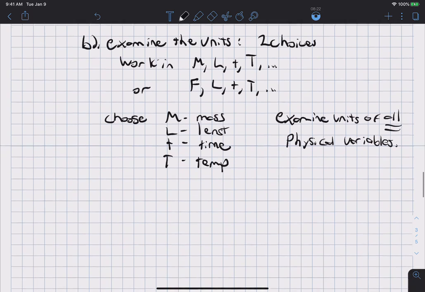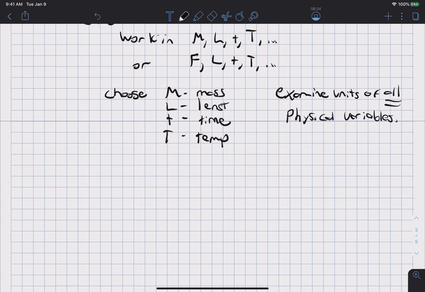Okay, and so we have the physical variable and the units. Okay, well, we have the drag force. That has units of force, which is equal to mass times acceleration, which is mass times length over time squared.